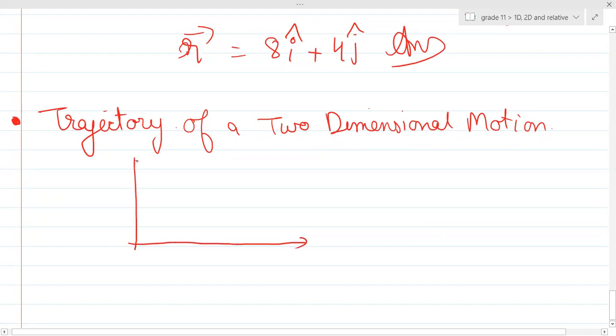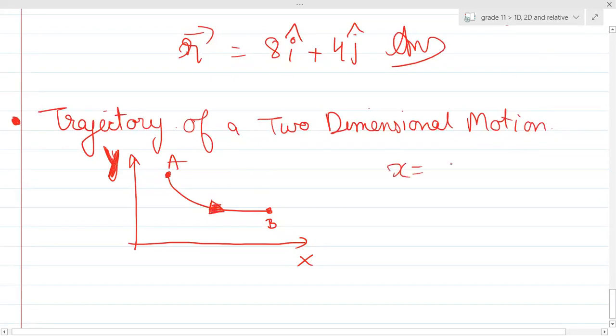Yes or no, guys? Yes, sir. Do you want me to define it again? No, sir, it's fine. So suppose this is the trajectory of an object, let's say it is going from A to B. Whatever it is, it will be a line or a curve, right?